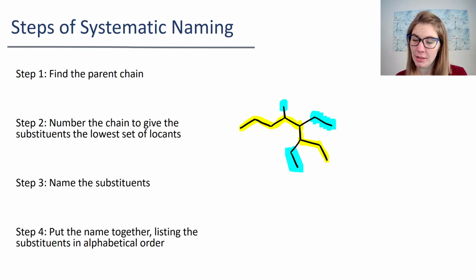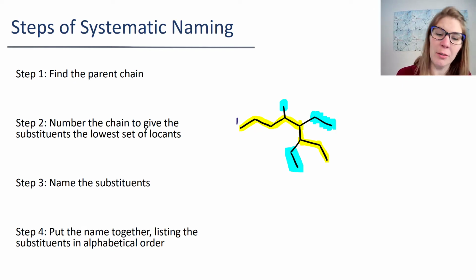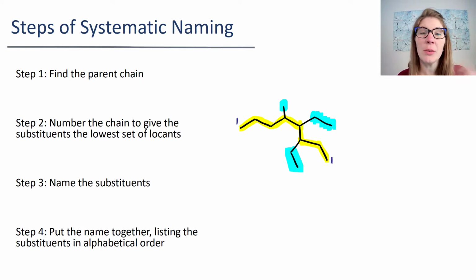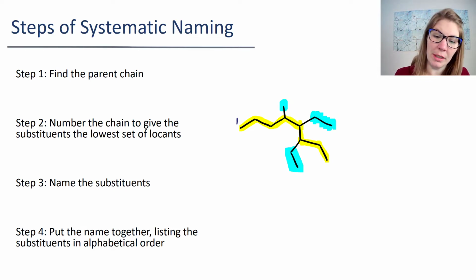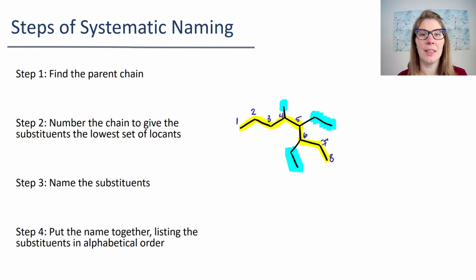So I can number two directions. I can either start numbering from 1 over here, or I can start numbering 1 down here. And I actually want to number both and see what we get. So let's do from the left: 1, 2, 3, 4, 5, 6, 7, and 8. So that's my numbering system from the left.